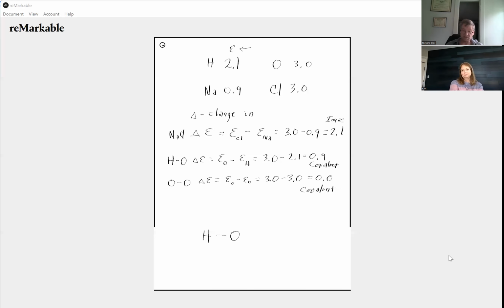So the electrons are shared, but they're not shared evenly. They're going to spend more time around the oxygen than the hydrogen. This is called a polar covalent bond. It is somewhere between ionic and covalent.